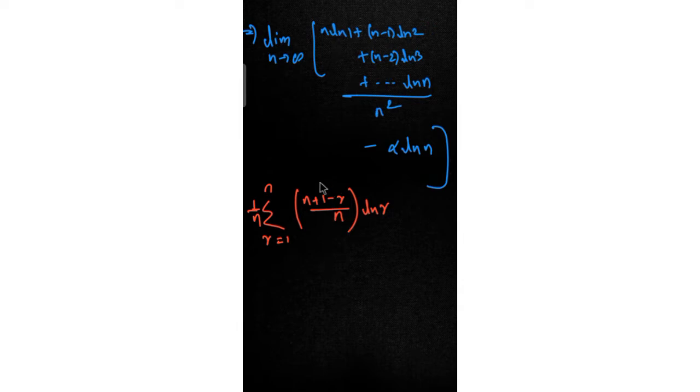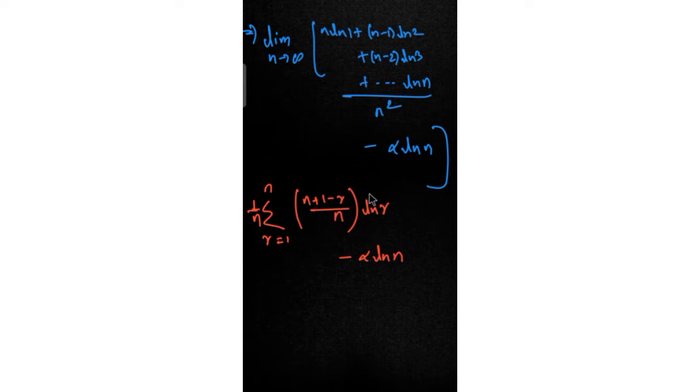And what's the other thing that we are left with? Minus alpha ln n. Fine, I'm not writing the limit n tends to infinity for now, for space's sake. So this is the general term, and now we are able to find r by n here, but there is no term r by n here. We have only ln r, but we have ln n here. So what we do is, we add and subtract the same thing, having ln n, so that we get this form into ln r by n.